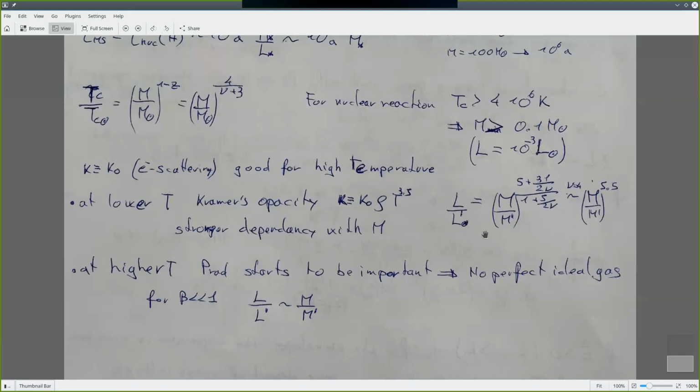The luminosity goes with the mass to this exponent. You see, it's quite often. Just considering the proton-proton, because we are considering lower temperature, where definitely we do not have the carbon-nitrogen cycle.